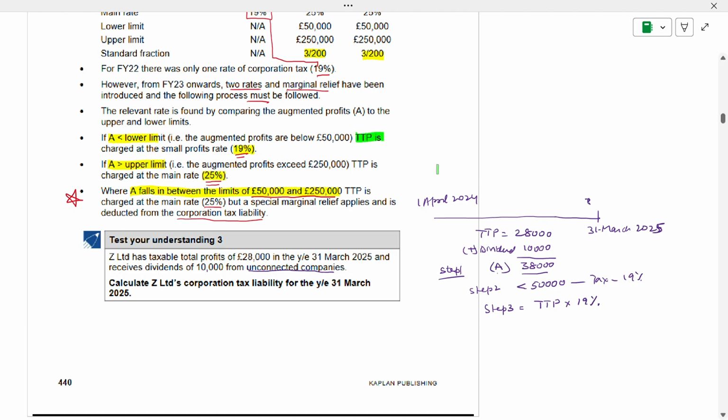On which amount do we have to calculate? Total taxable profit. See, TTP. What is the TTP here? TTP times 19%. Are you clear about this?